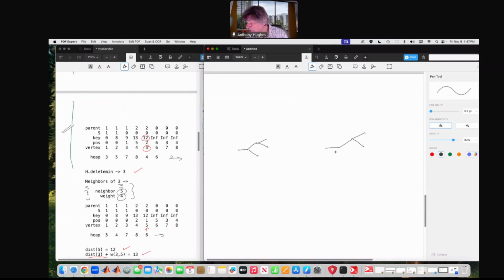Maybe a different spanning tree. Then we got the neighbors of the vertices in the spanning tree. Same thing here. We have neighbors of the vertices in the spanning tree. These would actually look the same. So in both cases, we have a spanning tree and the neighbors of the spanning tree.